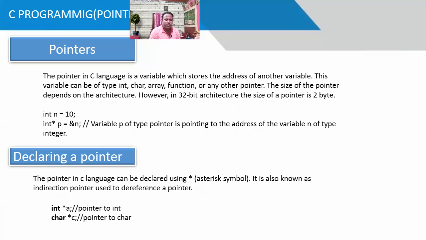For declaring a pointer, it is a very important thing. How do you define a pointer? Normally when you define a variable, you define a data type then the variable name. But for defining a pointer, we use the asterisk symbol: int *a. Star means to point to a value.